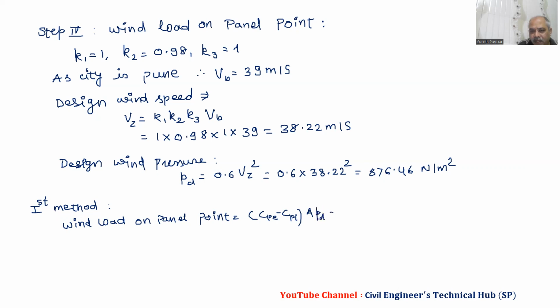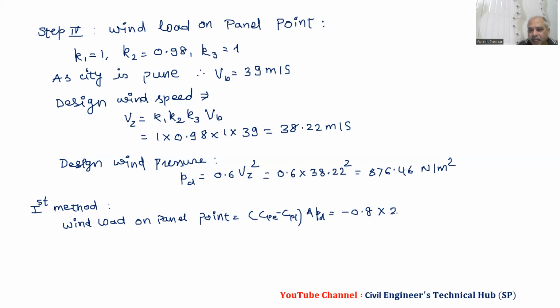Now wind load is always away from the wind, so we will consider minus 0.8, because we have been given CPE minus CPI, that is plus minus 0.8, into area.